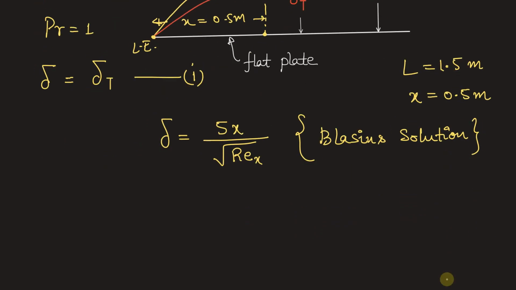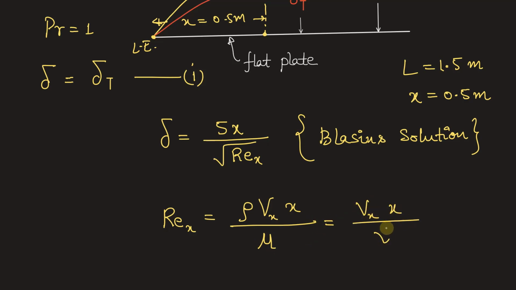Now to find the Reynolds number at the location x, we know Reynolds number is equal to density multiplied by velocity at x into x divided by the coefficient of dynamic viscosity, which we can also write as Vx into x divided by the kinematic viscosity. Let's substitute the value here.